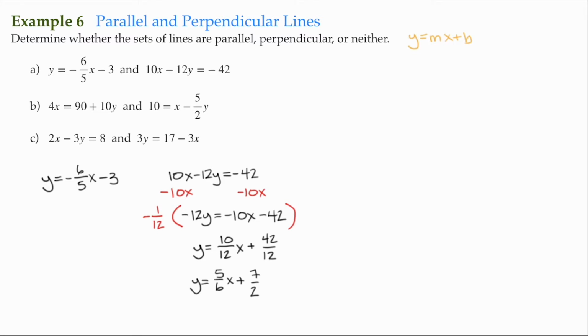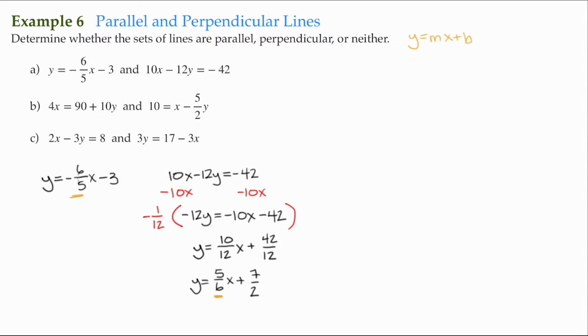So as we can see here, the equation of this line right here, y is equal to -6/5 x minus 3, the slope is -6/5. And then 10x minus 12y is equal to -42. In slope-intercept, it's y is equal to 5/6 x plus 7/2. Its slope is 5/6. So we can see that these slopes are opposite.